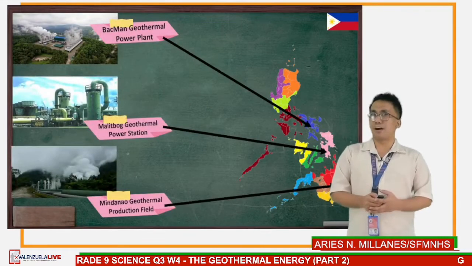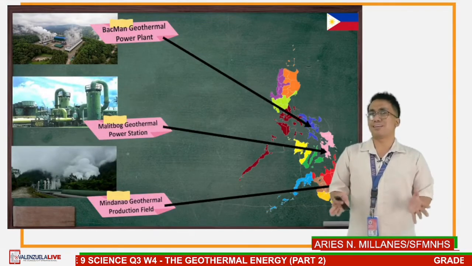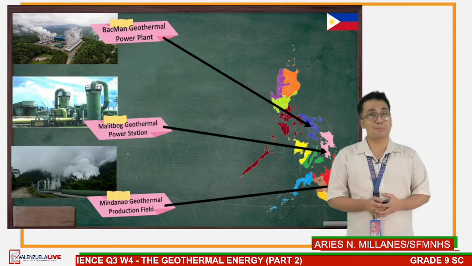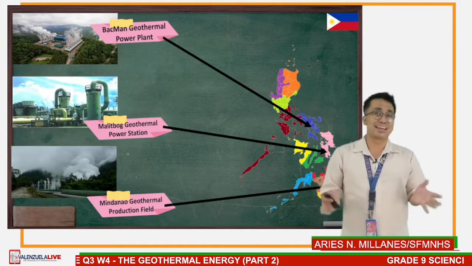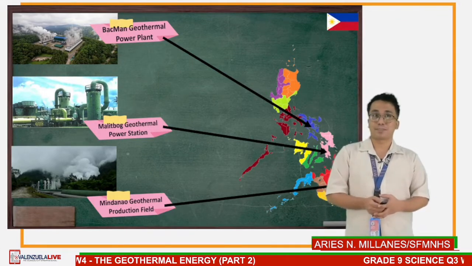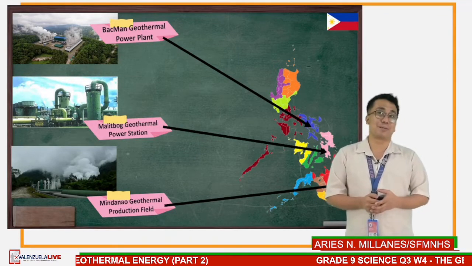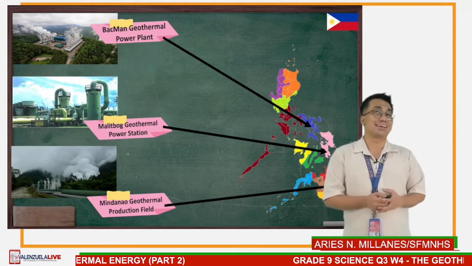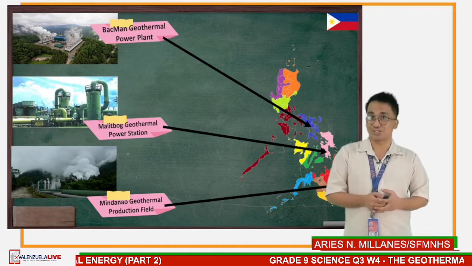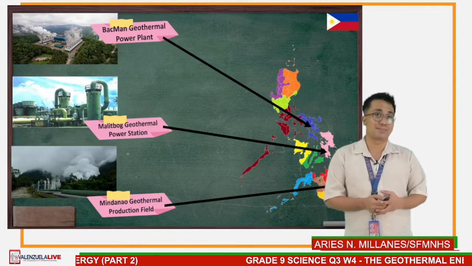We also found out that there are several geothermal power plants now here in our country. One of which is the Bacman Geothermal Power Plant, located in Albay and Sorsogon in the island of Luzon.